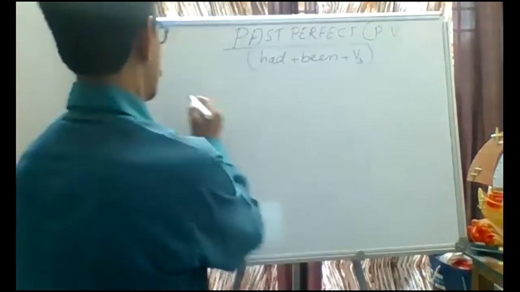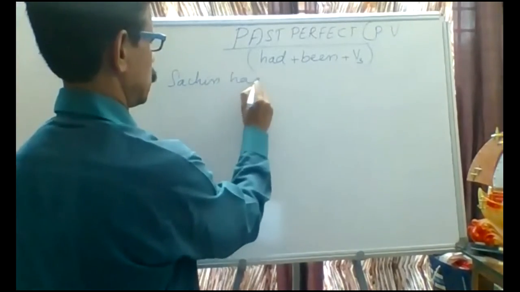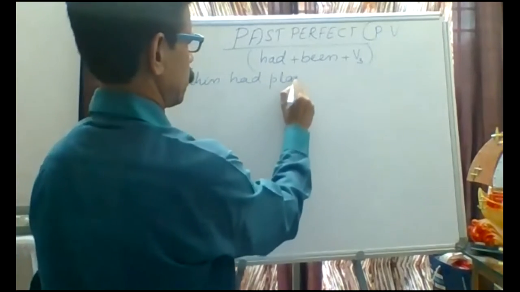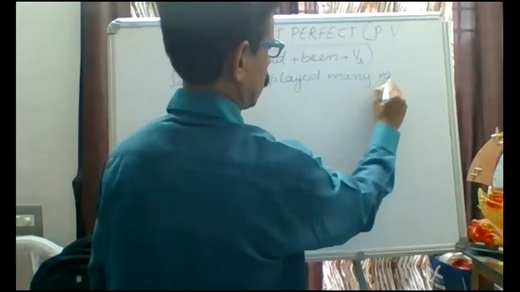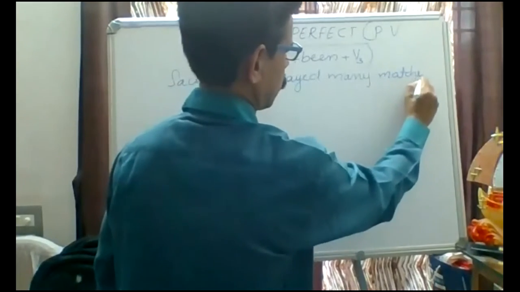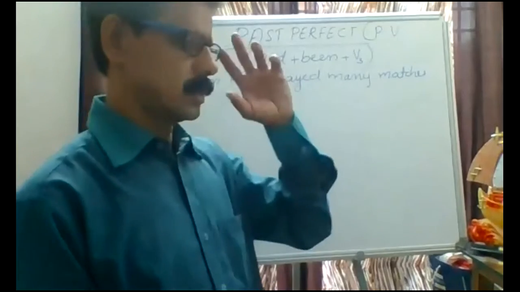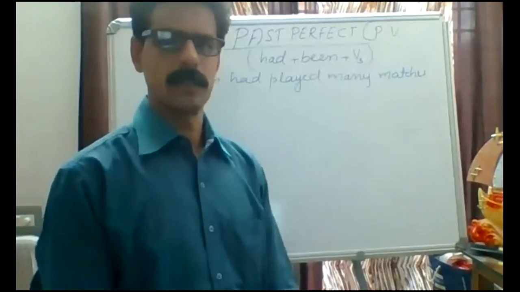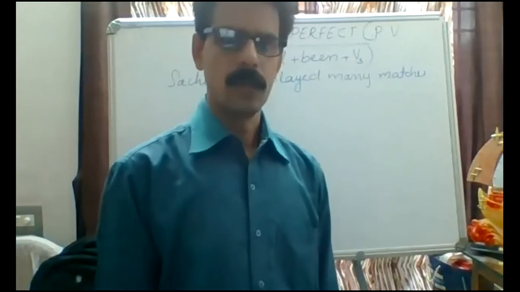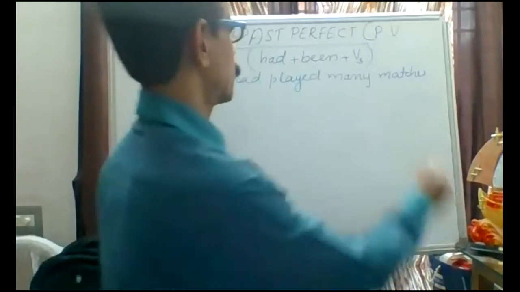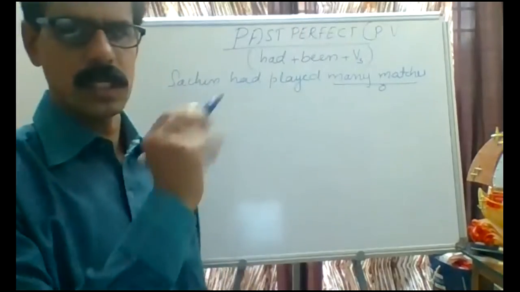When I say Sachin had played many matches, here, what is the object? First, our thought should divert towards the object. What is the object here? What Sachin had played. So the answer is many matches. Many matches is the object.